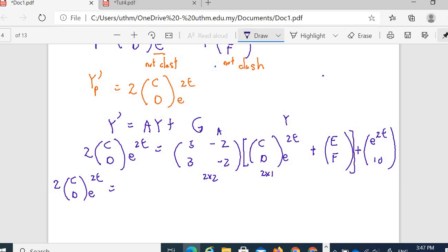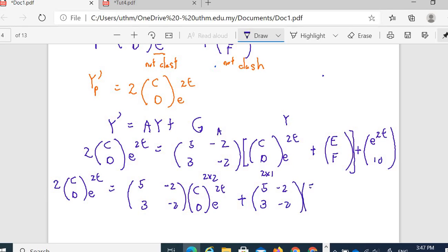So, if you are confused, take the matrix 5, 3, negative 2, negative 2 times this Y, so you get CD exponent 2t. But this is plus, so matrix A times this constant vector: 5, 3, negative 2, negative 2 times E, F. Then add up with exponent 2t and 10.